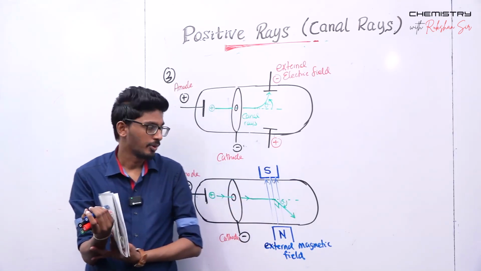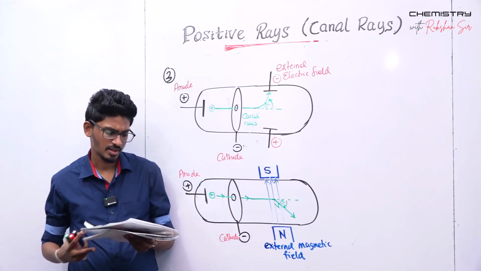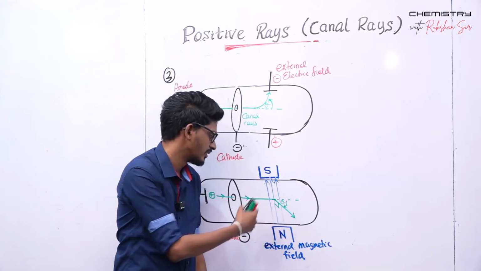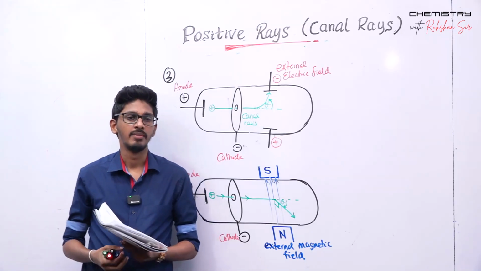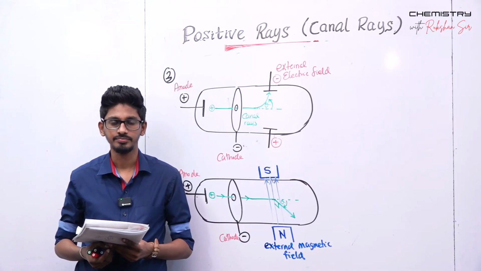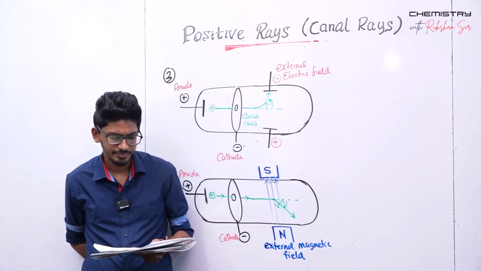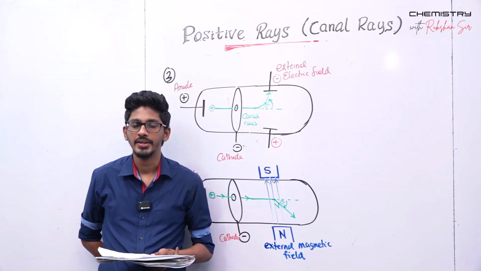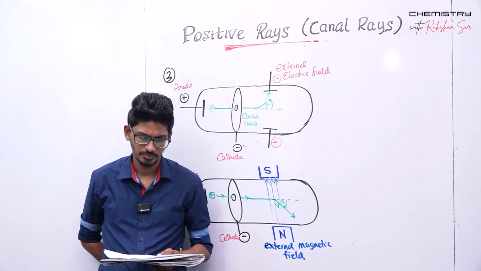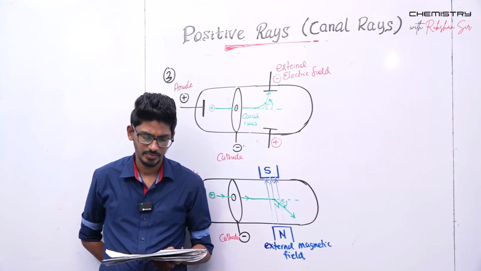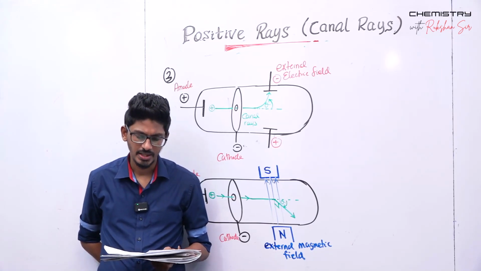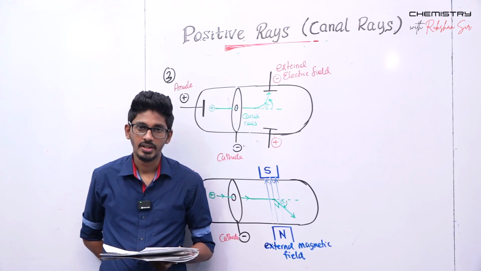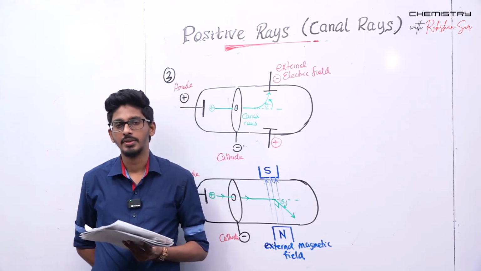Okay. Next point. When a magnetic field is applied in the path of the rays, they are, write it in red color, deflected.